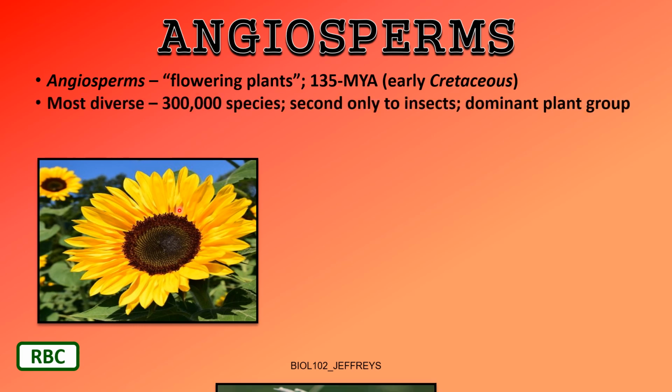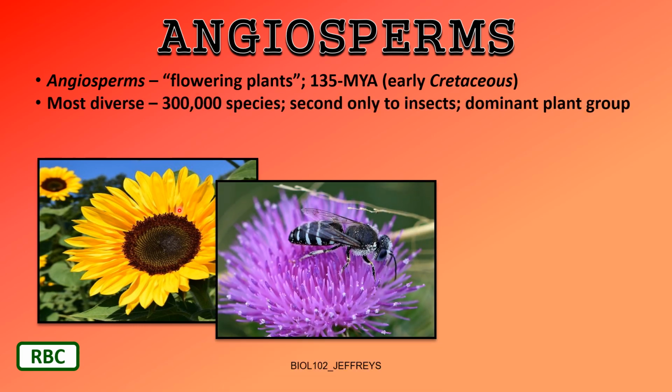You don't have to remember that. They're the most diverse plant species on the planet. More than 300,000 species. I think your book says 250,000, but it's more than that. It's actually more than 300,000 now. And their diversity is only second to the insects. So that makes them certainly the dominant plant group.